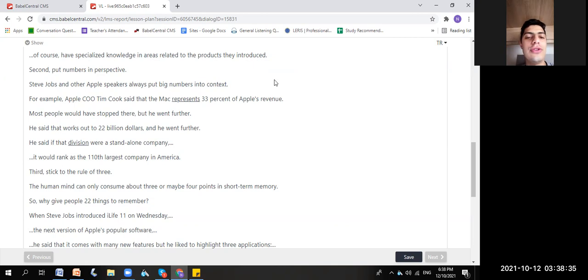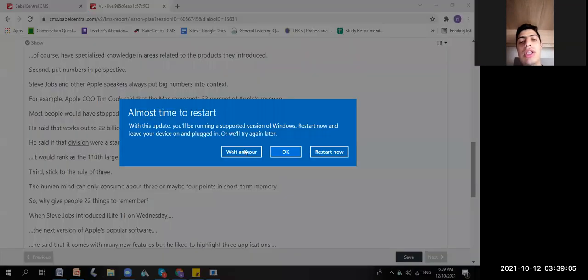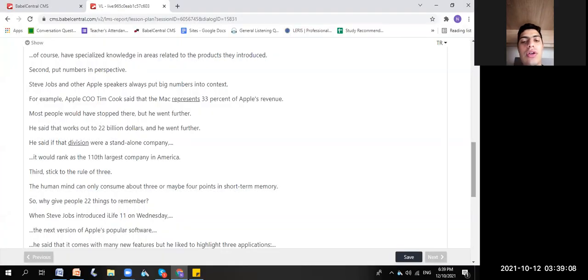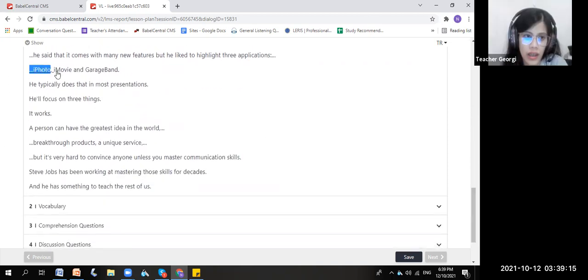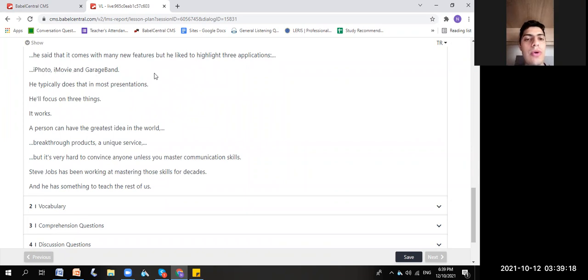Third, stick to the rule of three. The human mind can only consume about 3 or maybe 4 points in short-term memory. So why give people 22 things to remember? When Steve Jobs introduced iLife 11 on Wednesday, the next version of Apple's popular software, he said that it comes with many new features, but he wanted to highlight three applications: iPhoto, iMovie, and GarageBand.